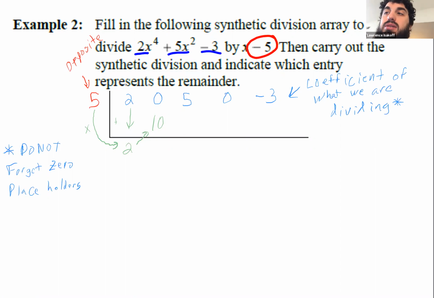I'm not seeing or hearing any questions. So 0 plus 10 is 10. Then I'm going to have to do 5 times 10, that's 50. These numbers are getting big on us. So 5 plus 50, 55.